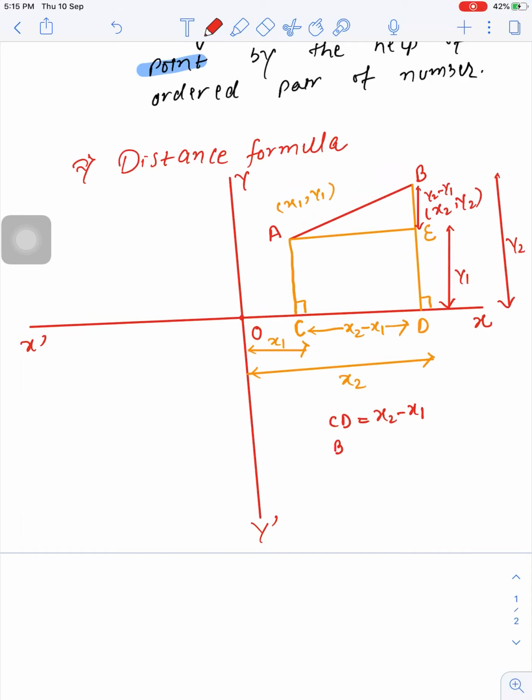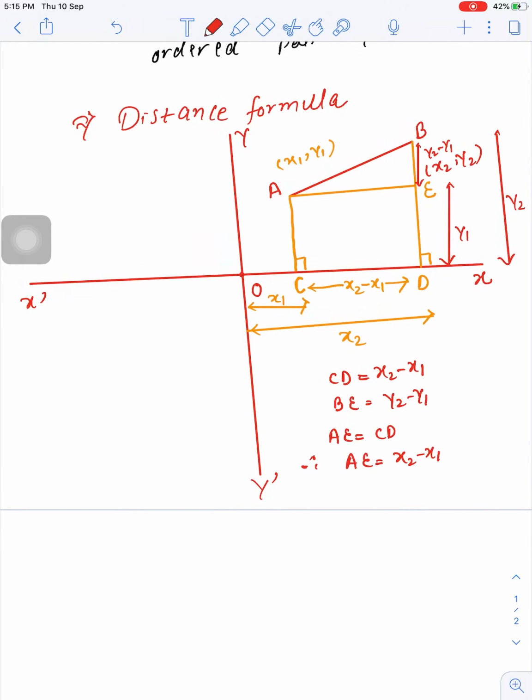As we are looking through the diagram, we can see that AE equals CD, which implies AE equals x2 minus x1. Look, it is very clear.